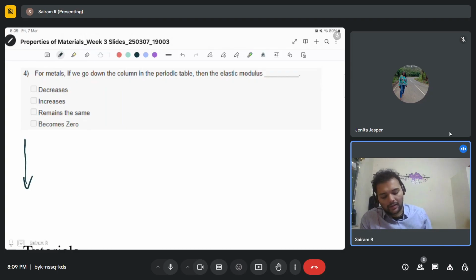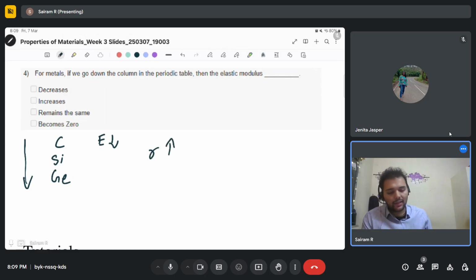Let's say carbon, silicon, germanium: when we go down, E decreases because the size of the atom, R, increases, and there is something called electron shielding.